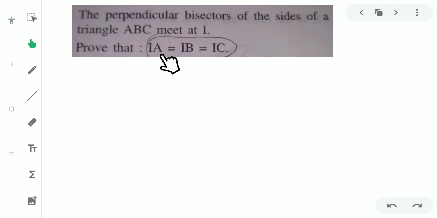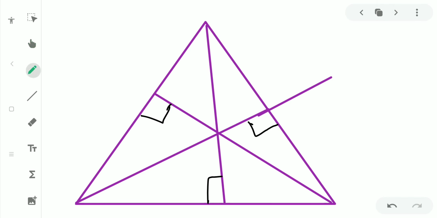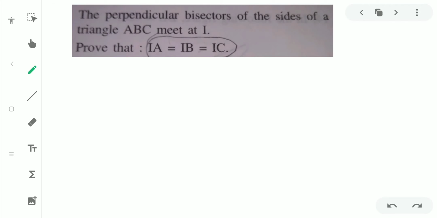Now prove that IA is equal to IB is equal to IC. So let us name the triangle first: A, B, C.